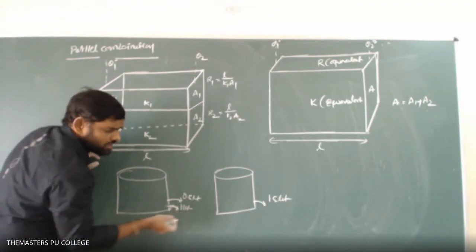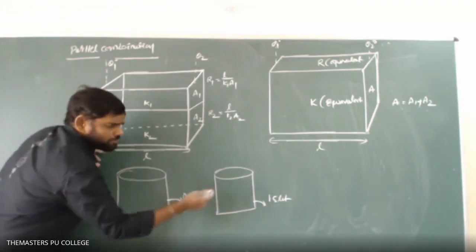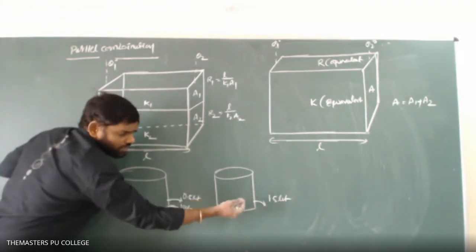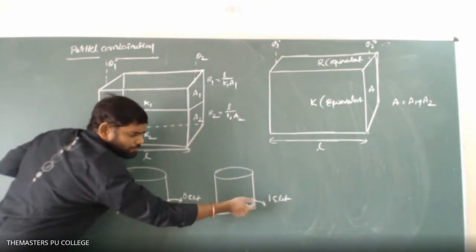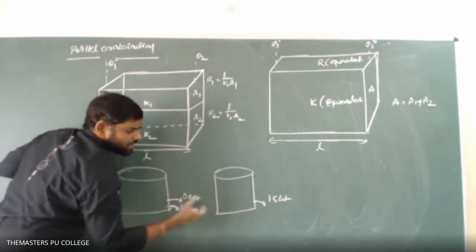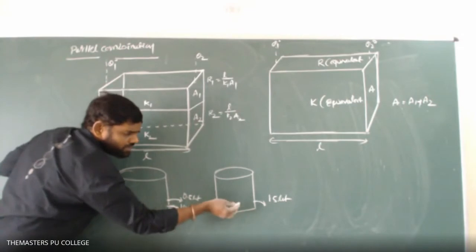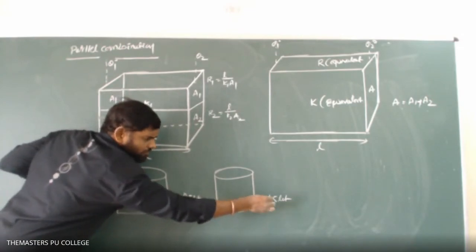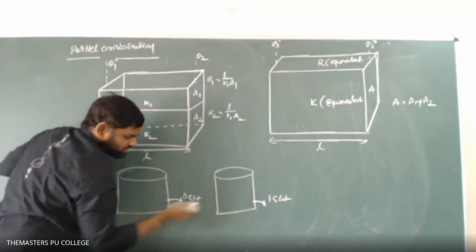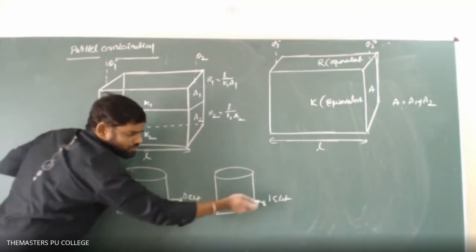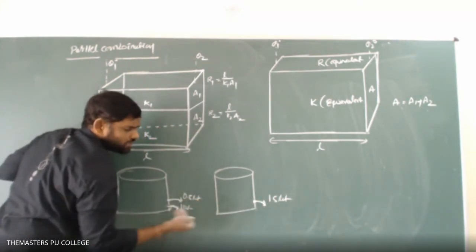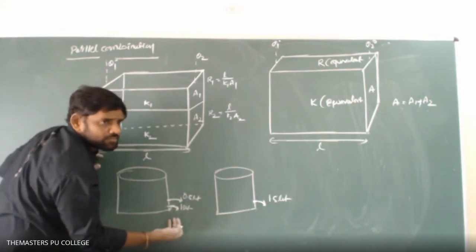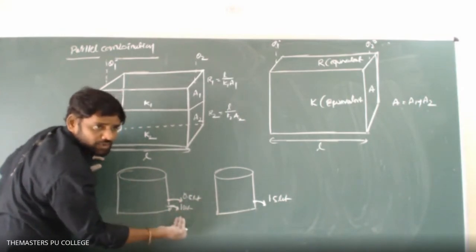What is the equivalent hole we need to punch to get the same outlet? If I make a single hole through which 1.5 liters of water comes, instead of punching these two holes, we get the same amount of outlet or not? Understand this point, students.